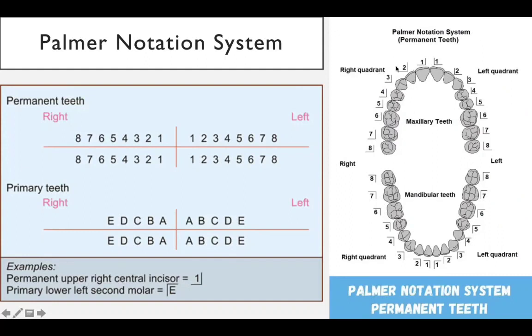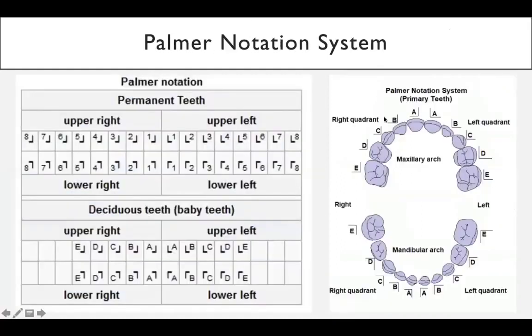Okay, so this is for the permanent teeth. Now if we go back to the primary or deciduous teeth, A to E. For baby teeth and milk teeth it is from A to E. If this is the midline, the same L is for left, and this one will be right.